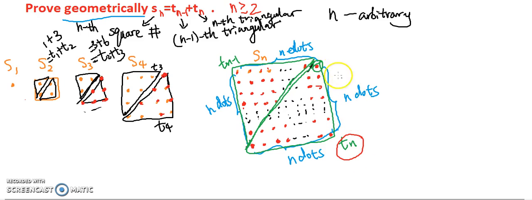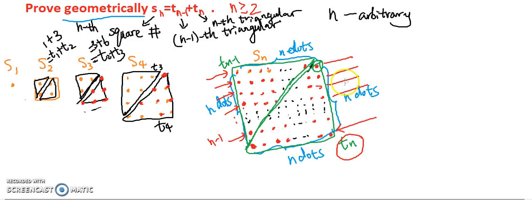You can count how many rows you have, because from 1 row to second row, third row, fourth row, and so on, you go to the very bottom, nth row. But for the top triangle, we have 1 row, 2 rows, 3 rows, and because we did not include this very last dot right here, we are only going to have n-1 rows. So that's our n-1 triangular number, and the bottom triangle is the nth triangular number.